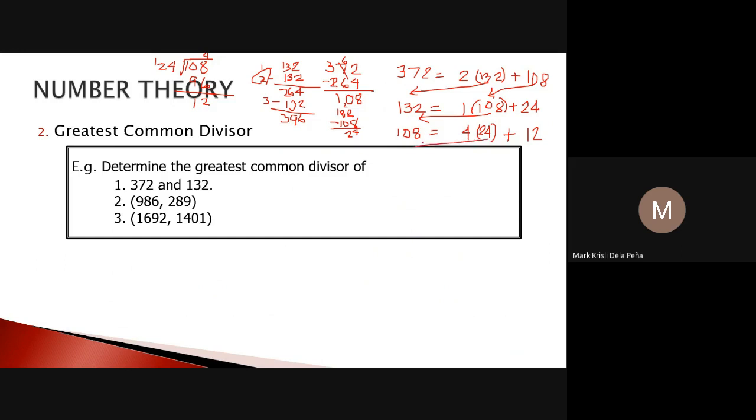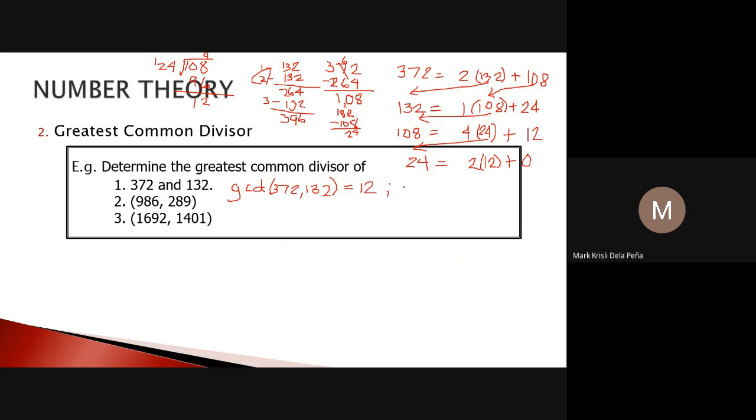Not 0 still. So this becomes 24. This is equal to 12 and a quotient and a remainder. So the quotient is 2. The remainder is 4. Therefore, the GCD, the greatest common divisor of 372 and 132 is equal to, what's the answer? 12.